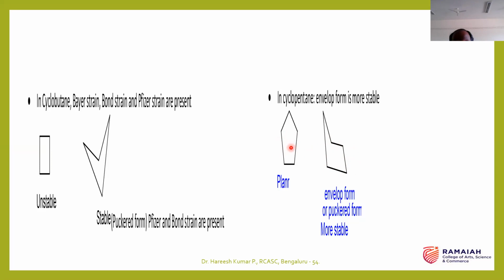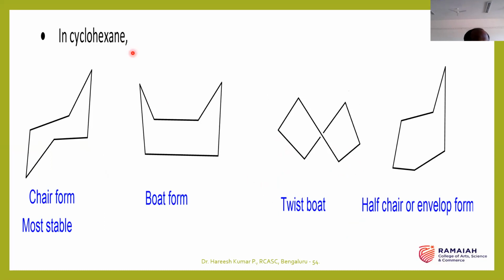Let's go to the 6-membered ring, which is called cyclohexane. Cyclohexane we can look at in the chair form. This form is called the chair form, and this form is called the boat form.